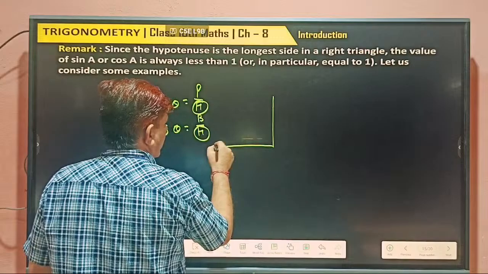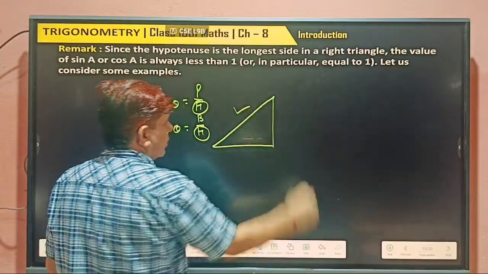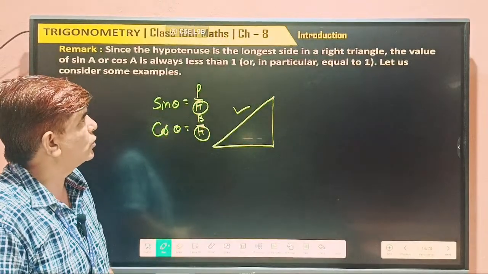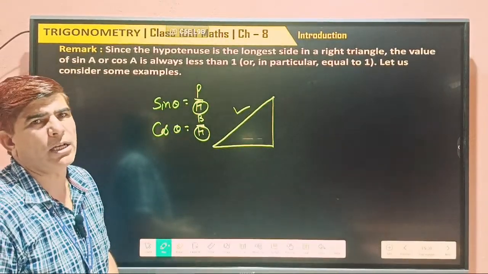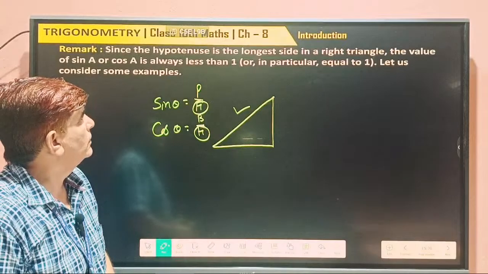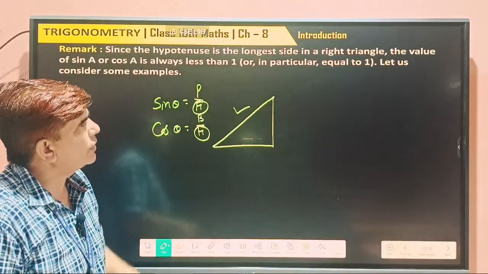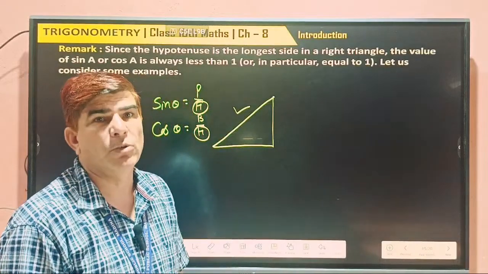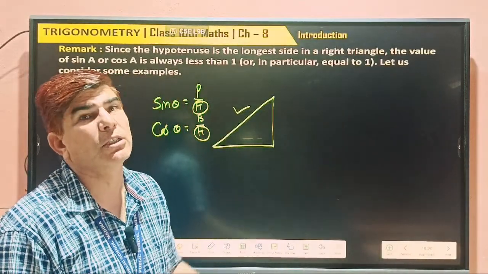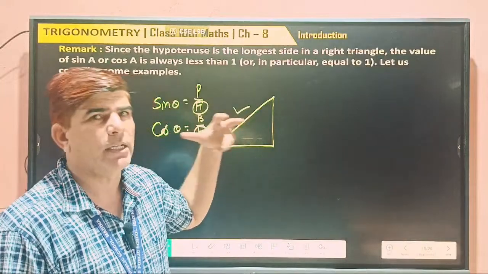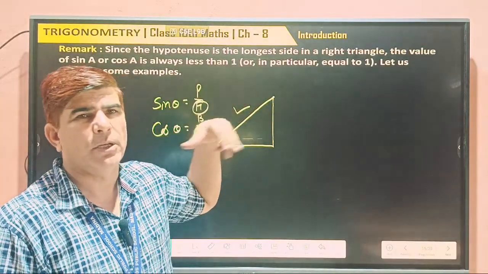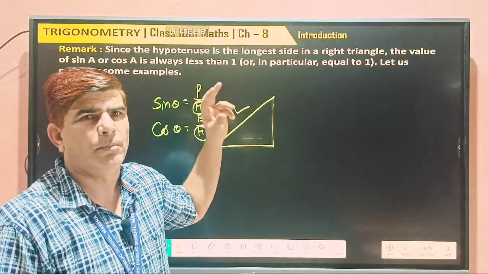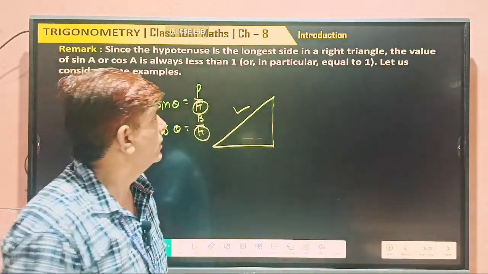That's why sine theta and cos theta are always less than 1. Understood? In a particular case it is equal to 1, when the angle becomes 90. I will tell later on why perpendicular and hypotenuse become equal then.